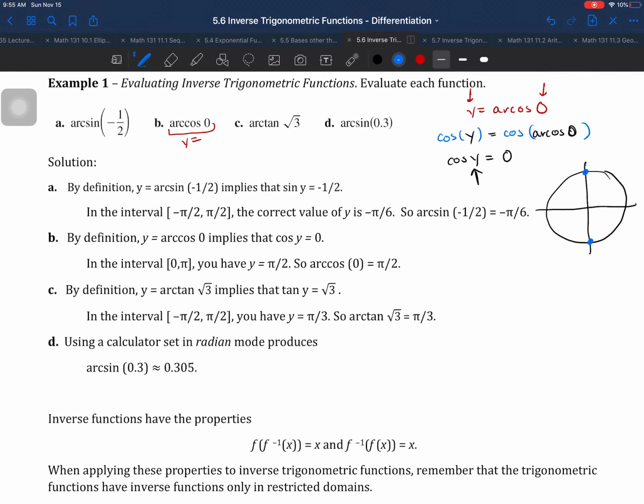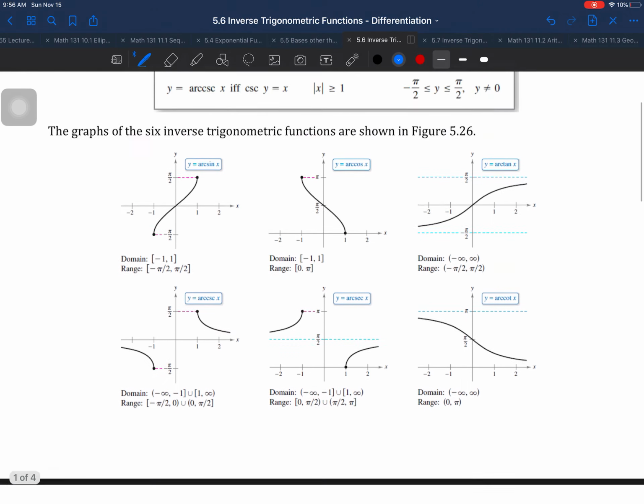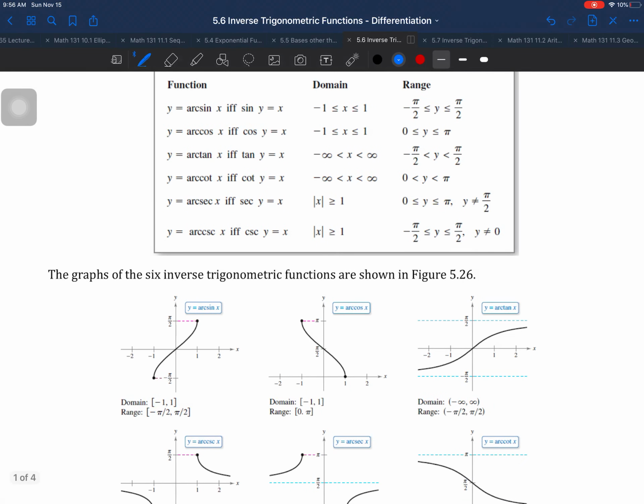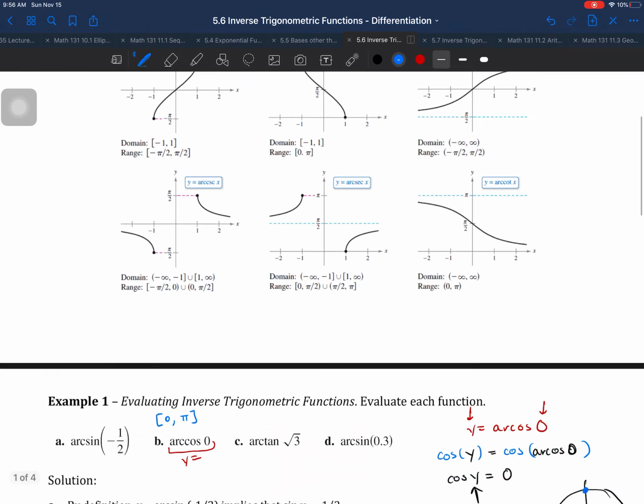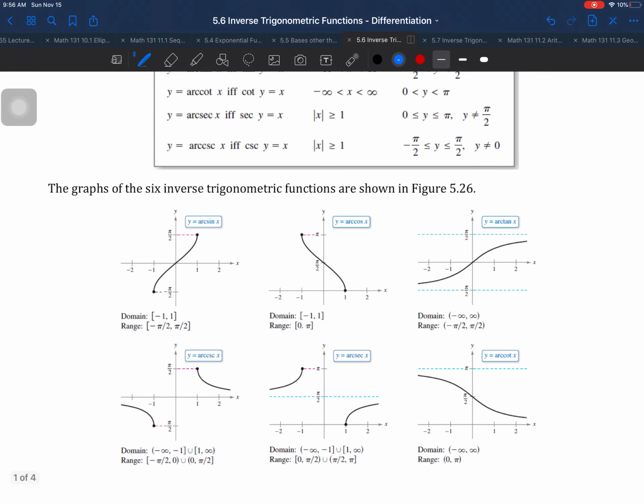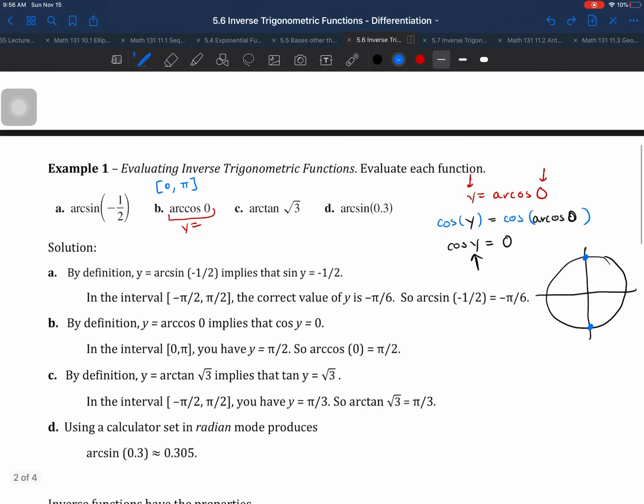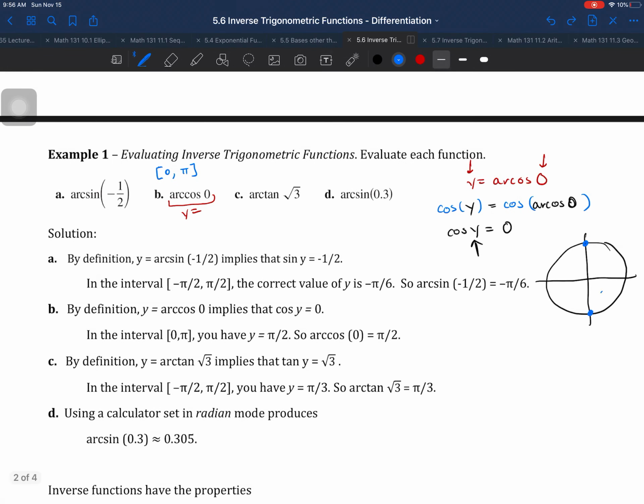Those two angles. Now remember that the range of our cosine is between 0 and pi. How do we know that? We know that from the trig, but you can always make reference to this. So therefore this is outside the range because the range needs to be here and there.